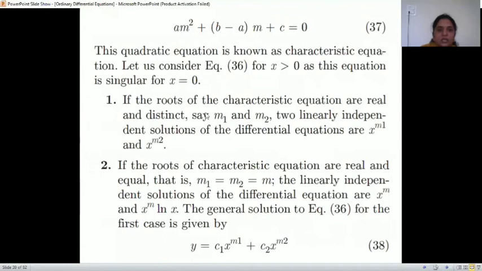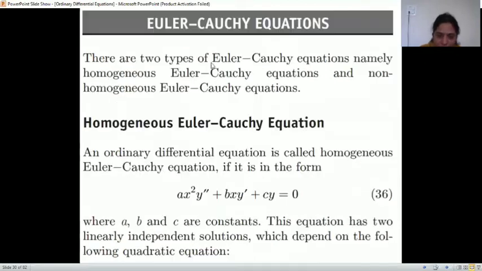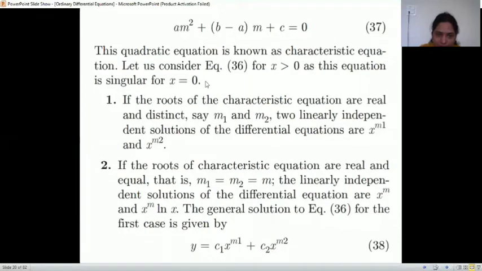That is, this equation am square plus (b minus a)m plus c. This is the quadratic equation. After solving this equation, if we get some roots, and if the roots are real and distinct, then, once again, this is the homogeneous equation equal to 0, so we write its auxiliary equation, that is am square plus (b minus a)m plus c equal to 0, right?